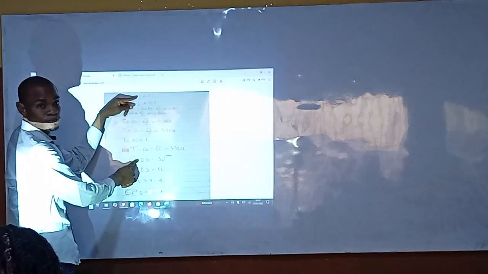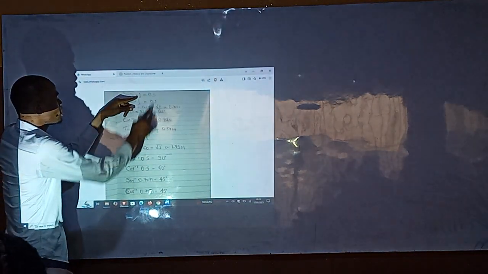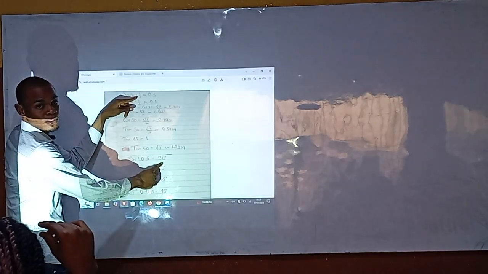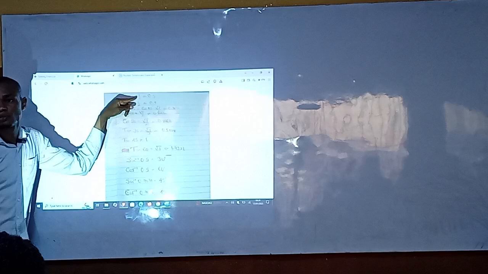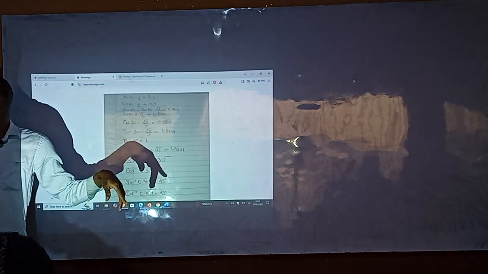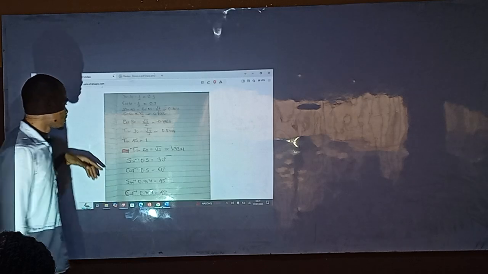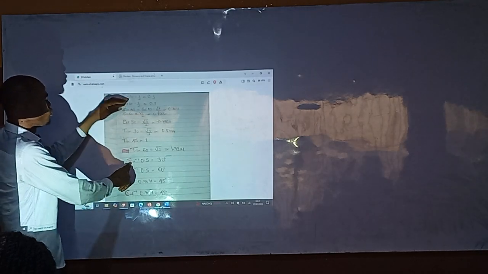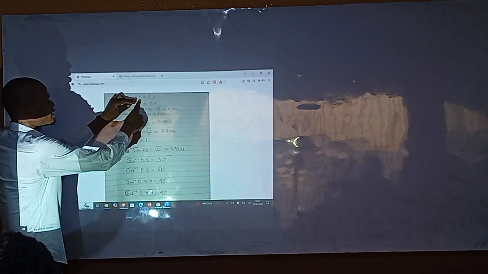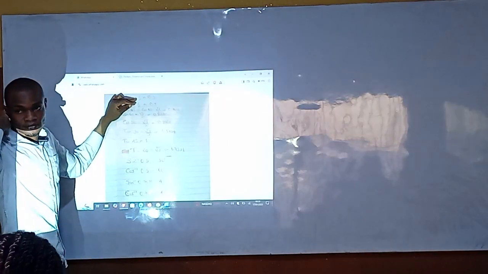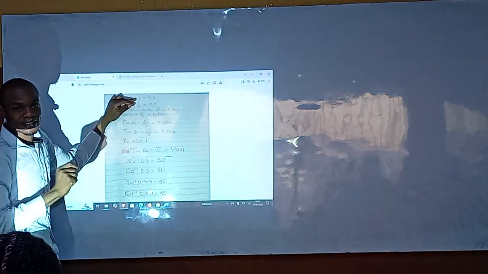Now I put 0.5, the value will be 30. So when you take sine to the other side, it becomes arc sine. We call it arc sine.